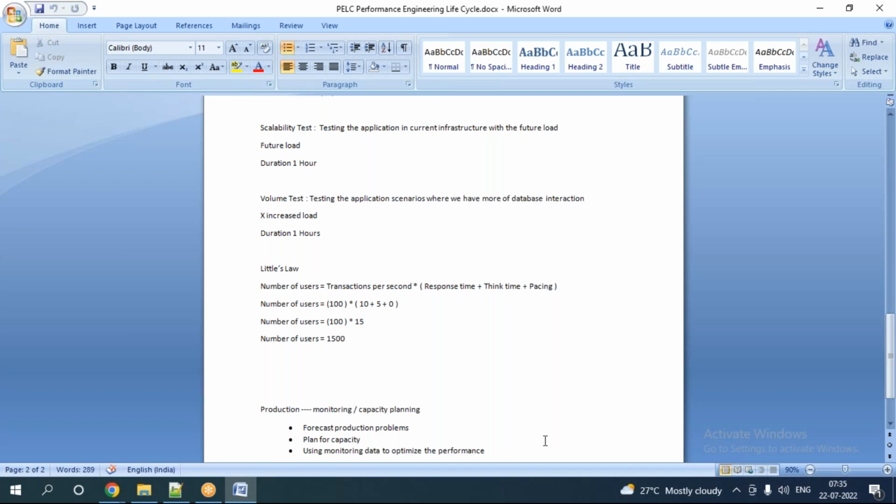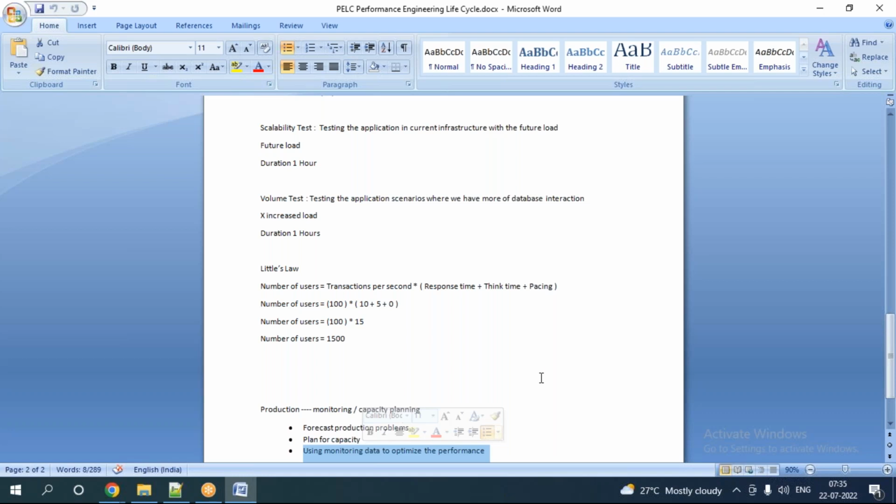So that is how capacity planning is also happening, and also each and every configurational level thing, like so and so servers are there, so and so users are there, how we are going to manage the capacity. Okay, so using the monitoring data to optimize the performance. I told you you are going to get CPU utilization metric, memory utilization metric.